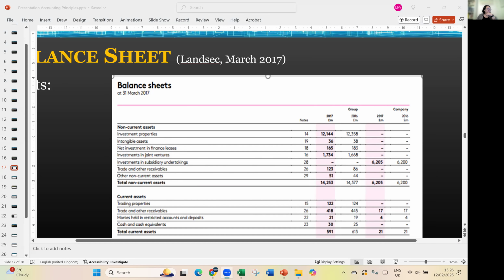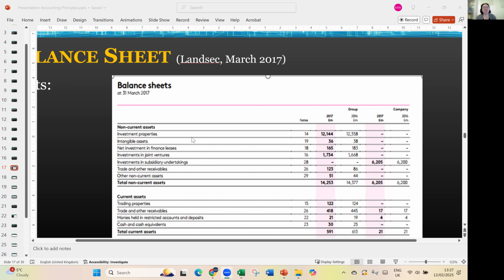So there's a question here: why do REITs often trade at a discount to NAV? That's a great question. It's because of how valuations work, because there is a lag in this valuation. The UK is actually much better to look at for the valuations here.